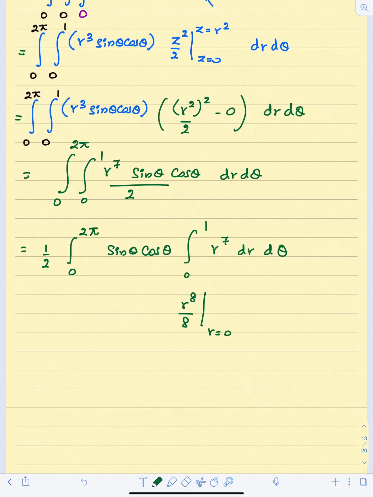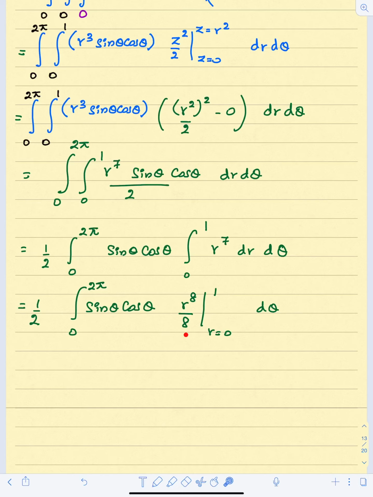Lower limit is 0, upper limit is 1. If you apply the upper limit, you will get 1/8. The lower limit results in 0. So the value of this part is 1 over 8, which is a constant.